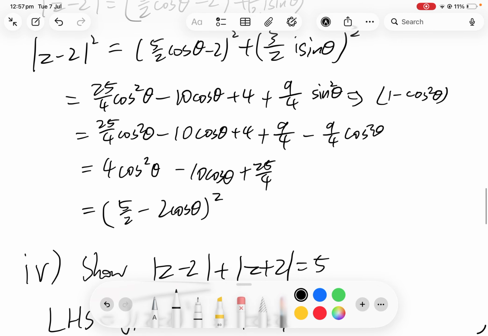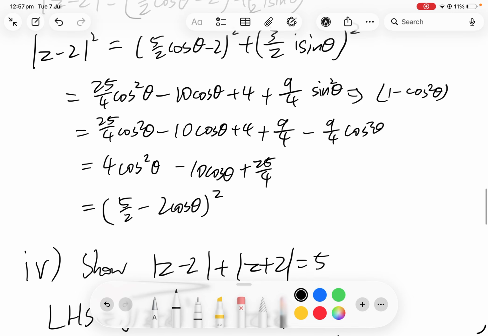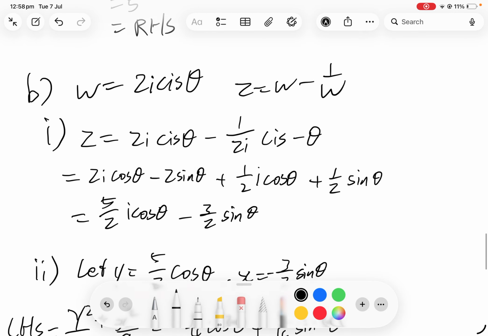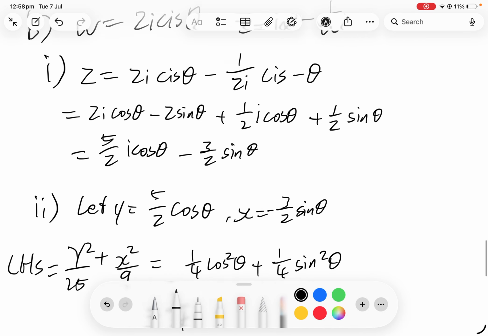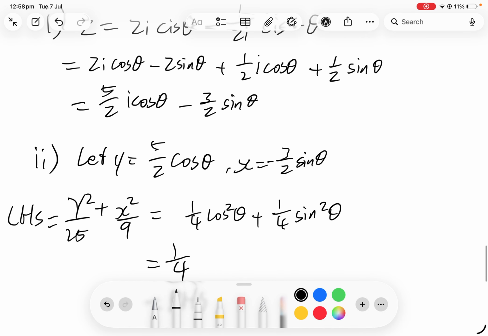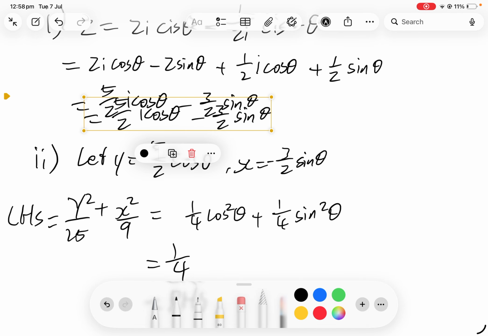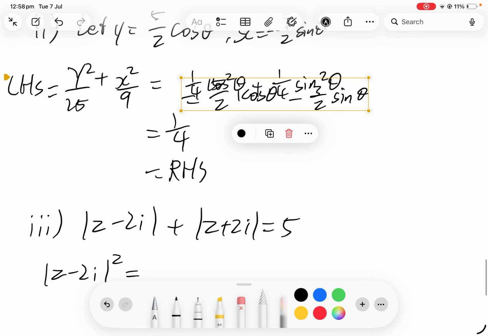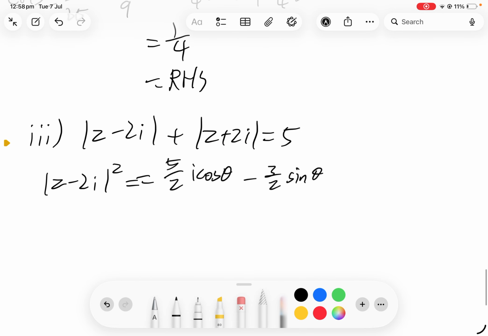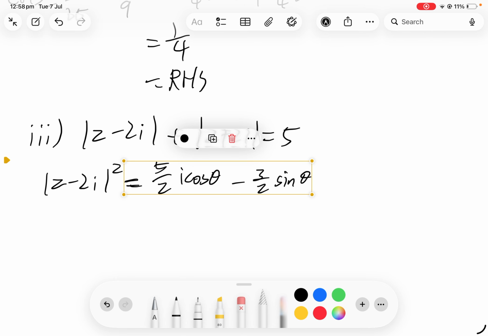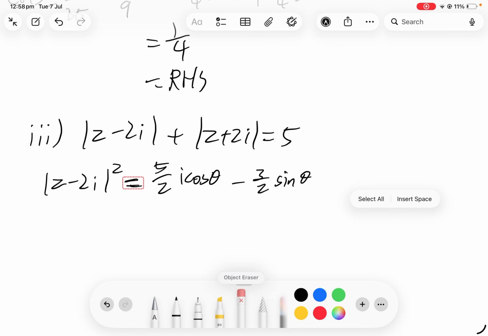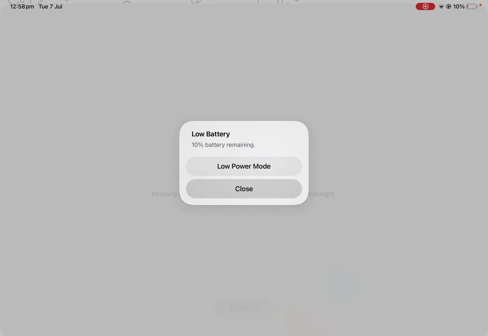So basically it'll become, where did it go? It becomes this thing. Let's just copy that. It becomes this thing but squared, but you want negative 2 on the other side.